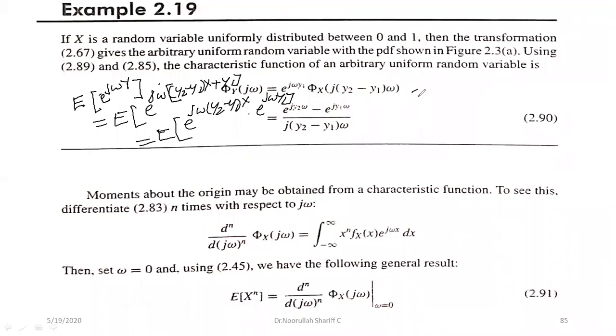This value will be nothing but e^{jωy1} times the integral of whatever is there, with j(y2 − y1)ω, and the f_Z value.